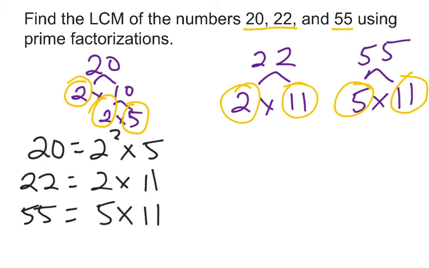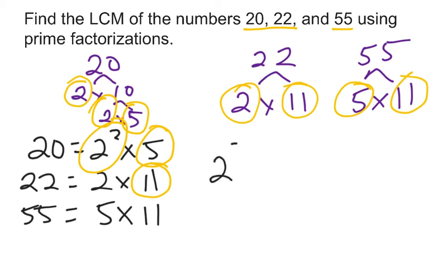So now I'm going to circle the highest power. So for my 2's, it's 2 to the second power. Then I have some 5's, but neither of them have exponents, and neither do my 11's. So I have a 2, 5, and 11 that I'm going to multiply. My highest exponent is on the 2.